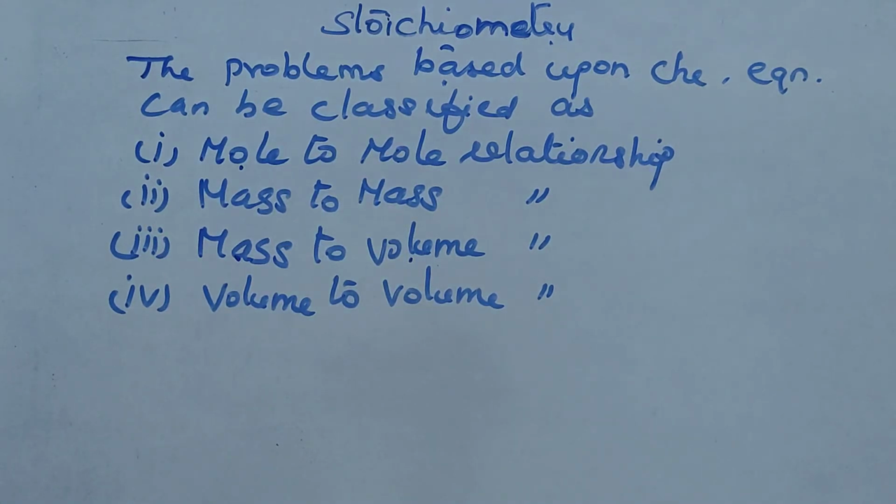It is very important part in chemistry. In some of the sum, it will be asked directly stoichiometry calculation, or in some of the sum, it will be a preliminary calculation. By using that preliminary calculation, we have to find out some other things. So, it is very important in chemistry.